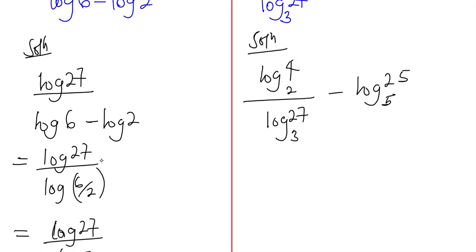Now, like we said earlier, 4 can be expressed as 2 exponent 2. So you have logarithm of 2 exponent 2, sorry, let's clean it and write it well. So you have the logarithm of 2 exponent 2 divided by, now 27 can be expressed as 3 exponent 3.